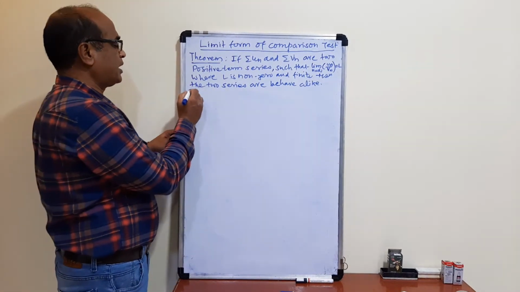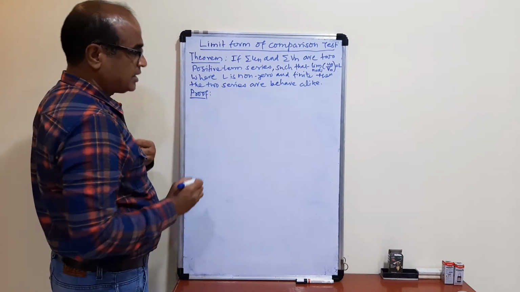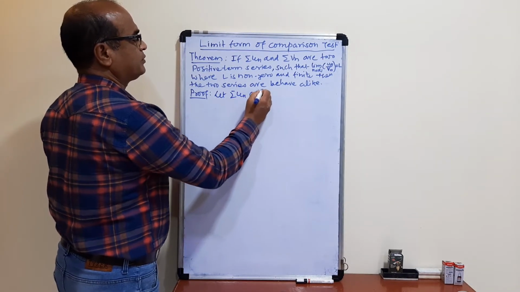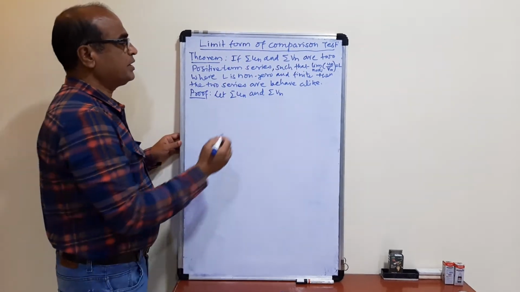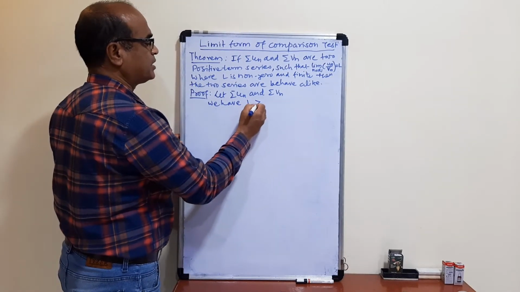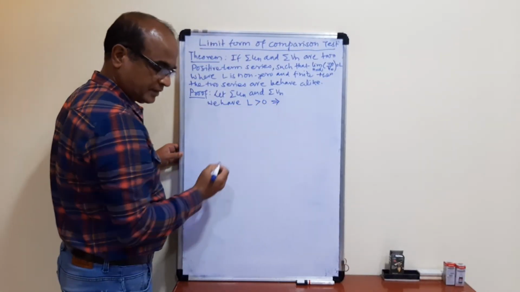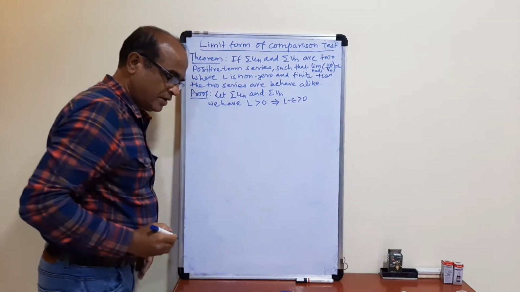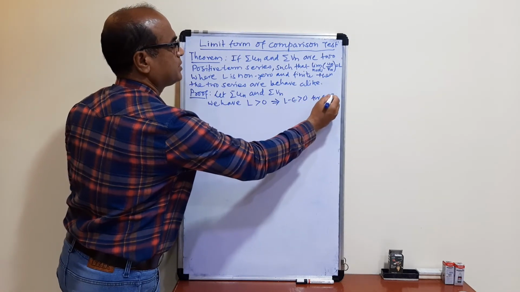So what is the proof of that theorem? Proof. Since summation un and vn are two series of positive terms, we have some finite number L greater than 0, which implies that L minus epsilon is also greater than 0, for epsilon positive and very small.